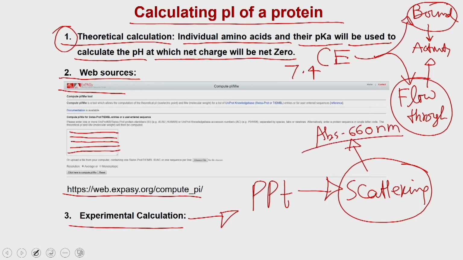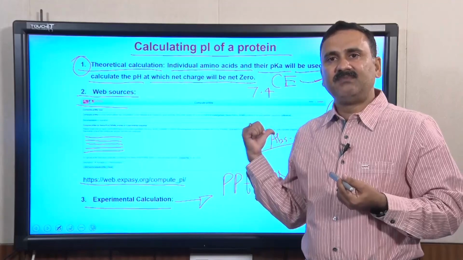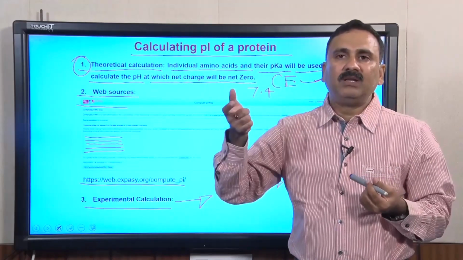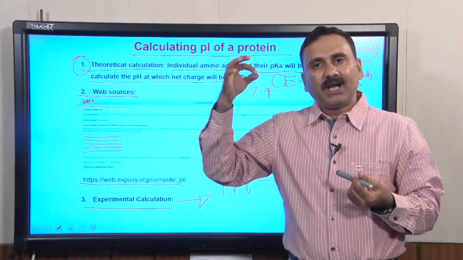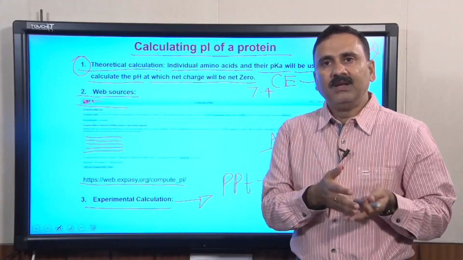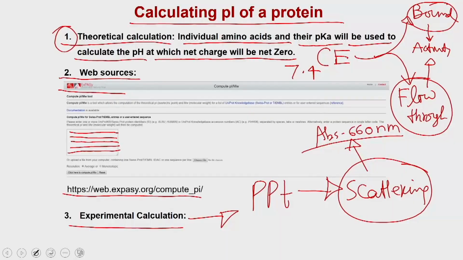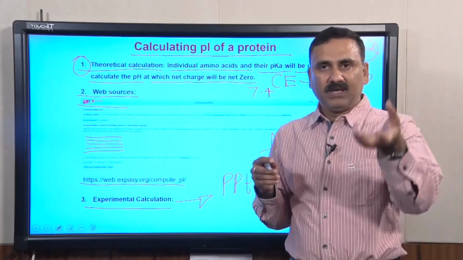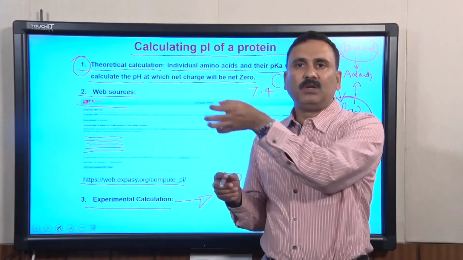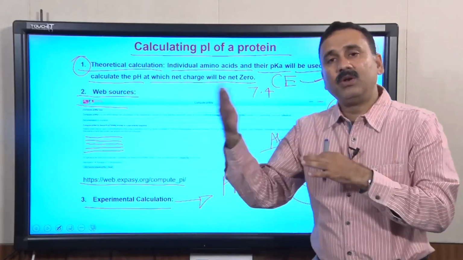If you remember, when we were discussing the counting of bacteria, we discussed this method of counting bacteria simply by taking an absorbance at 660 nanometer. That is actually measuring the scattering events instead of the absorbance events. So, you take the protein solution, incubate it at different pH, and then record the scattering.